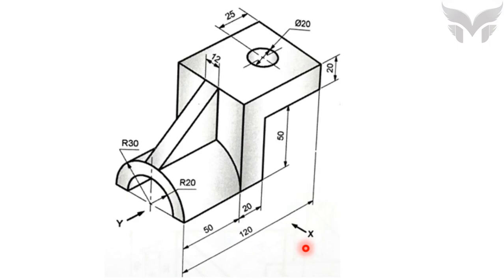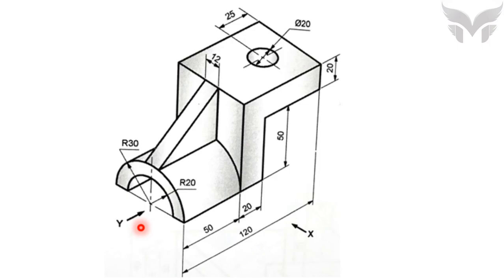In order to see from the Y direction, the observer has to move himself or herself to the left hand side, isn't it? So, it's now very clear that you will see the left hand side view from the Y direction. So, the three views which you need to draw are front view, left hand side view and top view.